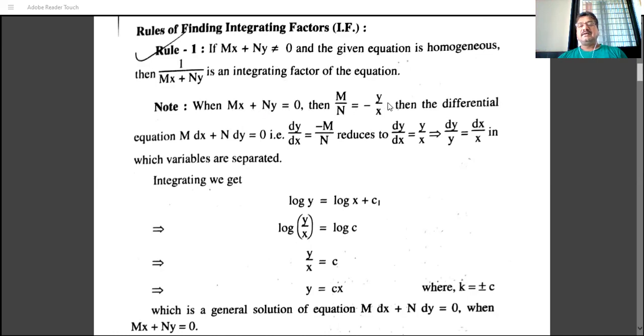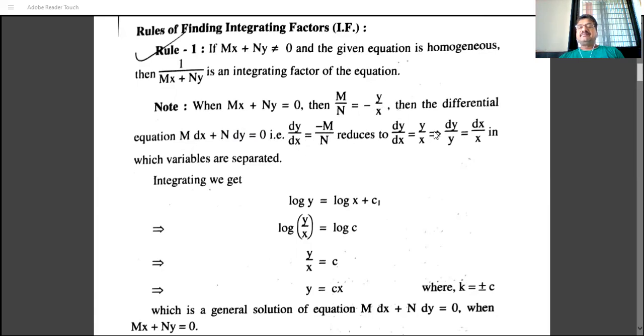So we have M by N equal to minus y by x. Then the differential equation M dx + N dy = 0 is written in the form dy by dx equal to minus M by N, shifting M to the right side and dx to the left side. Now substitute minus M by N as y by x.